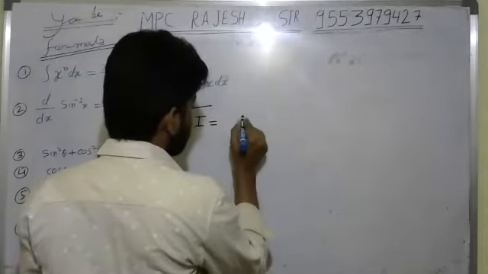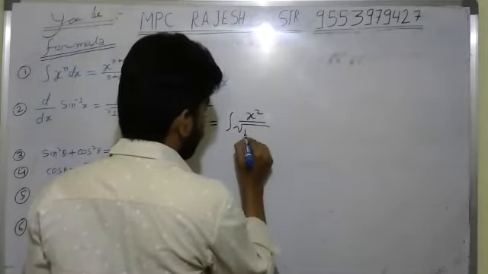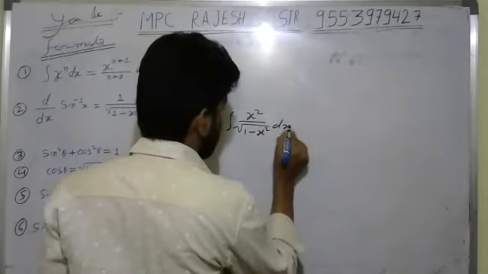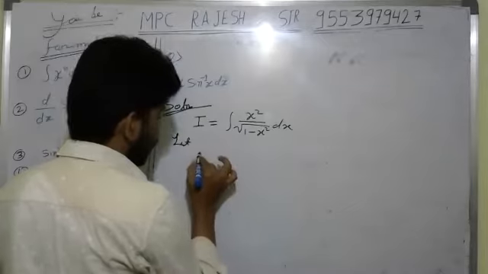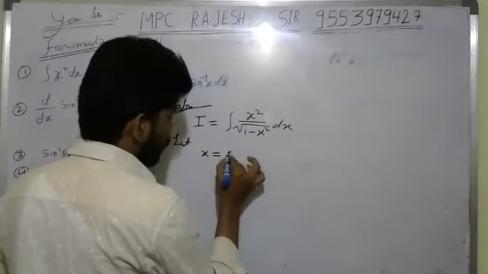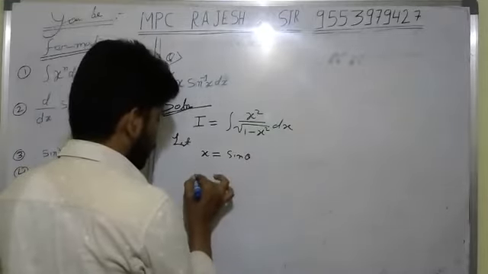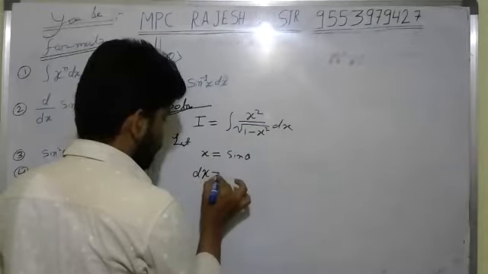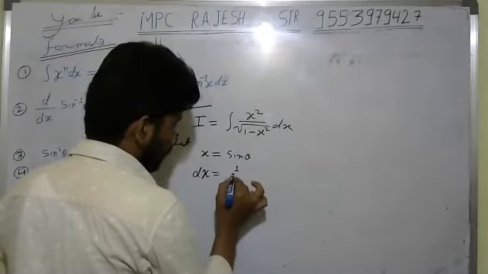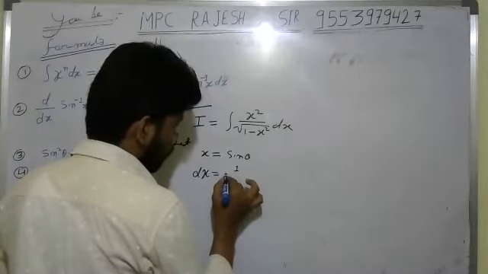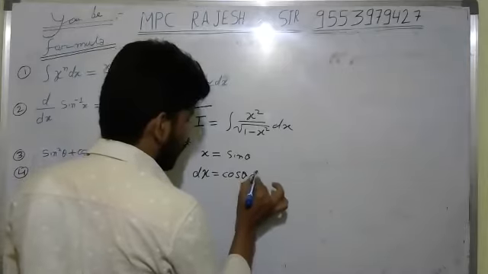I is equal to integration of x square by square root of 1 minus x square dx. How can we solve this? Let us assume x is equal to sine theta. Same rule, you know very well. Differentiate this: dx becomes cos theta d theta.